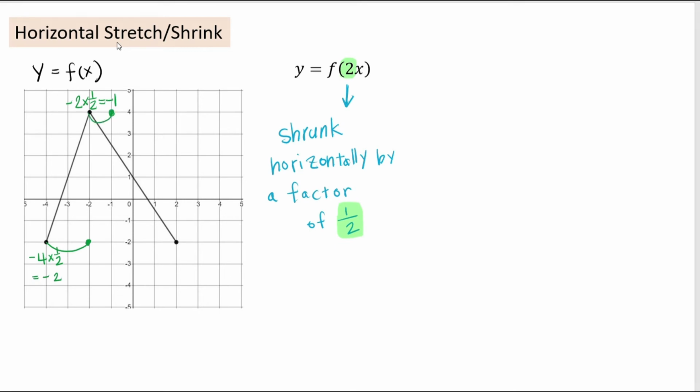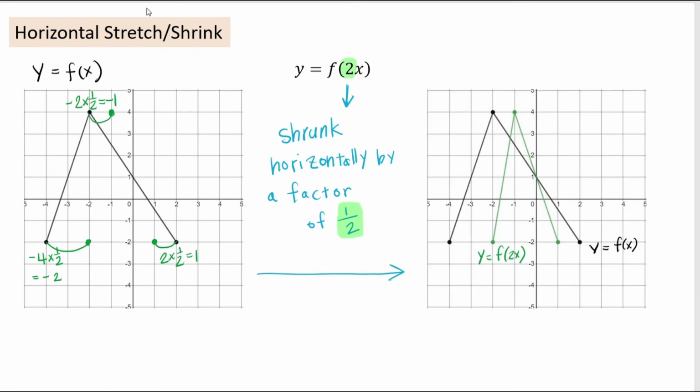At the point (2, -2), the x value 2 becomes 1. We get the graph of y is equal to f of 2x. The factor of 2 in front of x shrunk the parent function horizontally by a factor of 1/2.